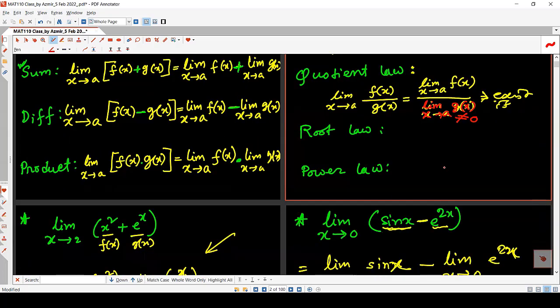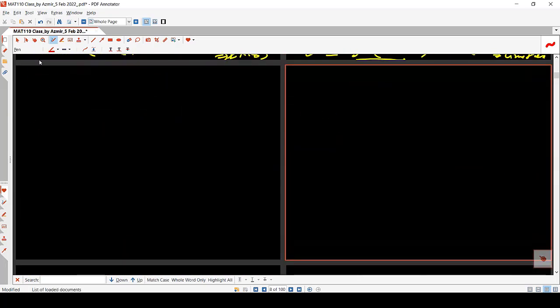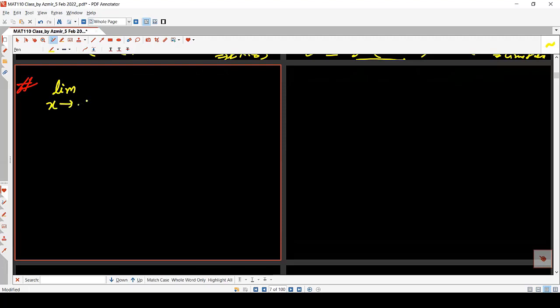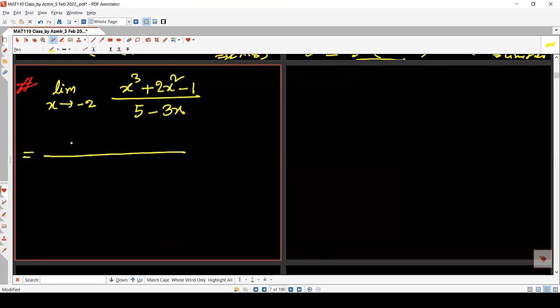So let's have a look at one example of the quotient law. Suppose we have the limit as x tends to -2 of (x cubed plus 2x squared minus 1) divided by (5 minus 3x). To compute this limit, at first we can apply the quotient law.